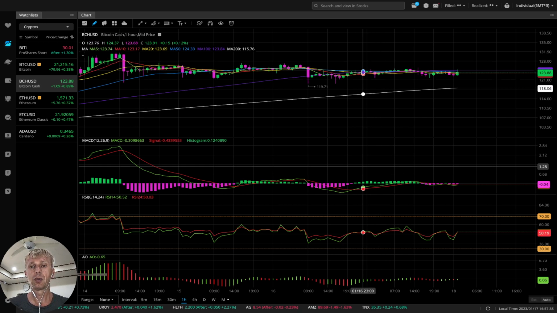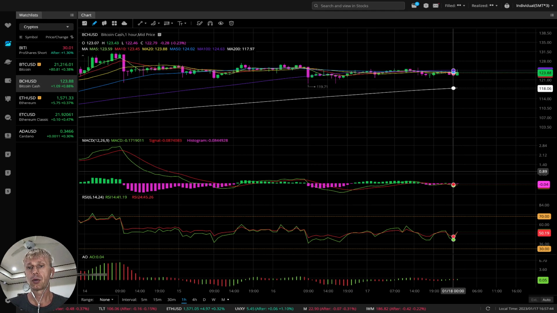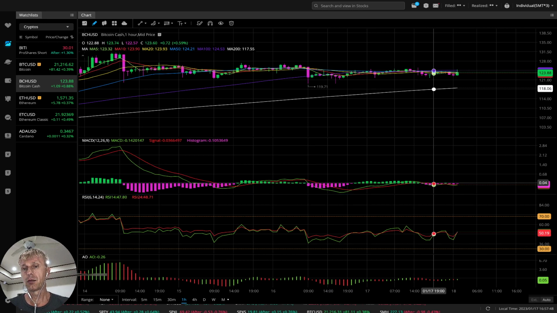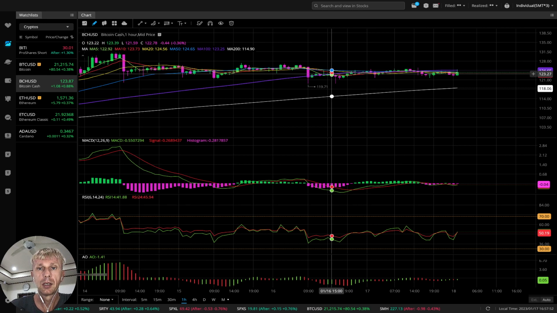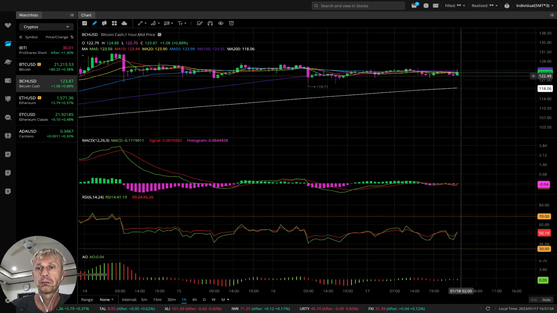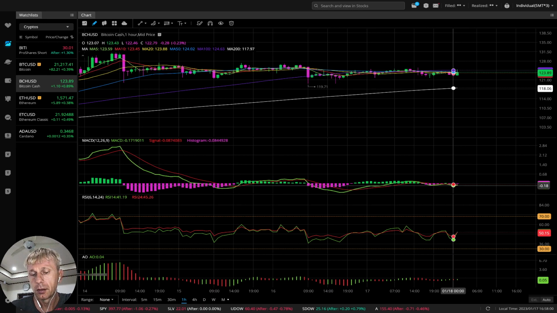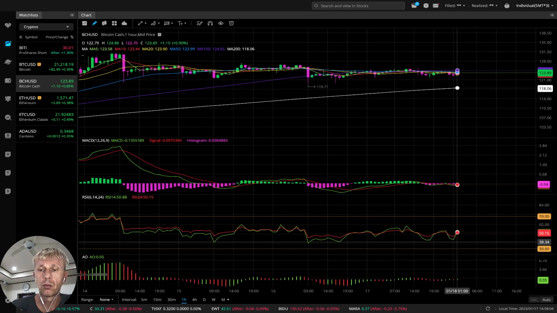1 hour, similar story. Bearish crossover. It was kind of flat for several hours. MACD is still bearish. RSI wants to go bullish.